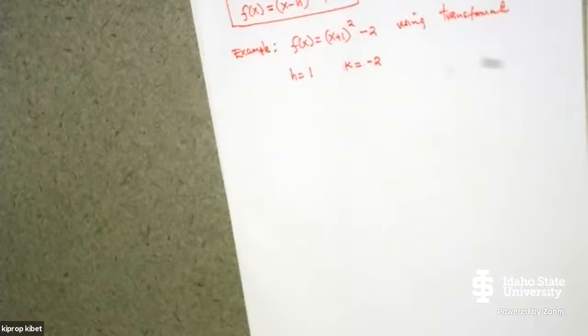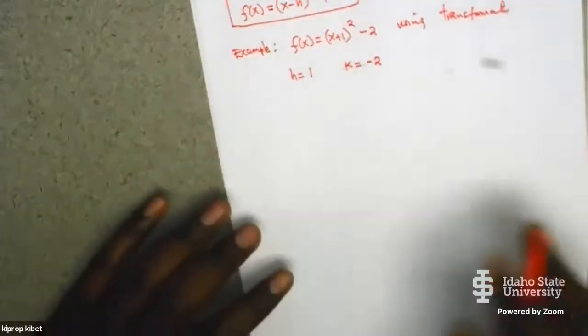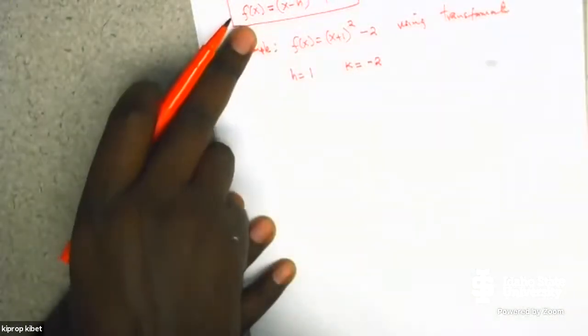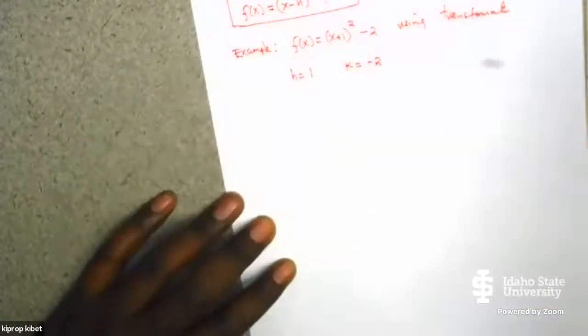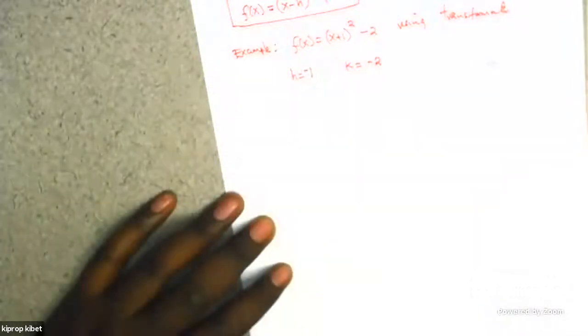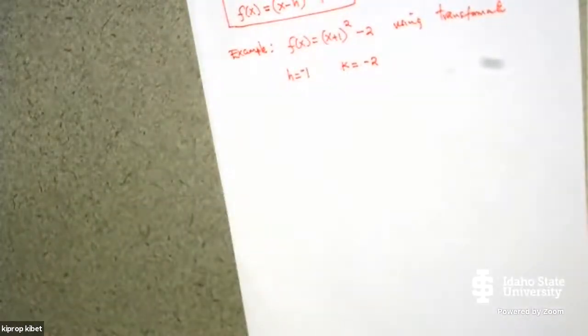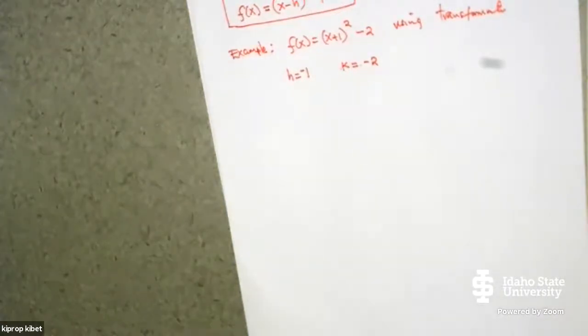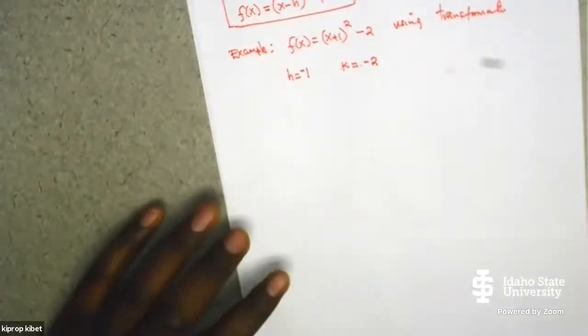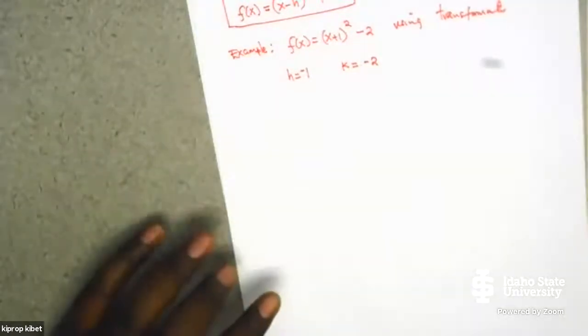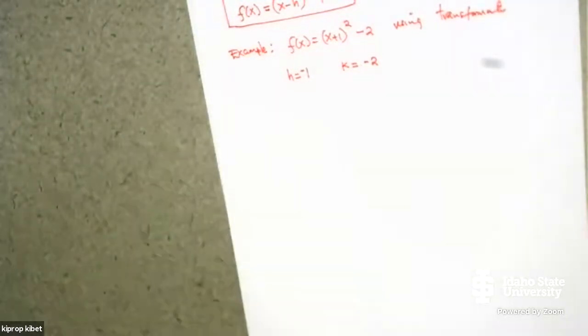Do you remember this formula? This is our formula. Oh, sorry. Our h is -1. Sorry about that. So our h is -1, and then our k is -2. Then how can we plot this?